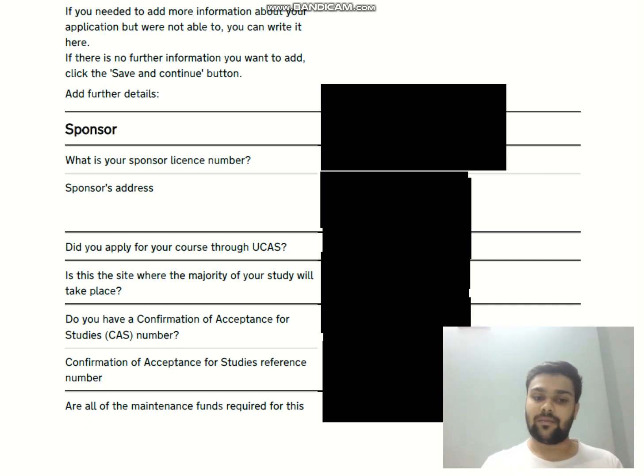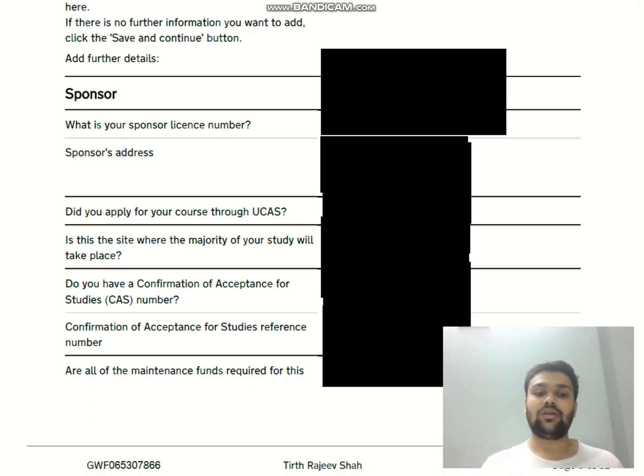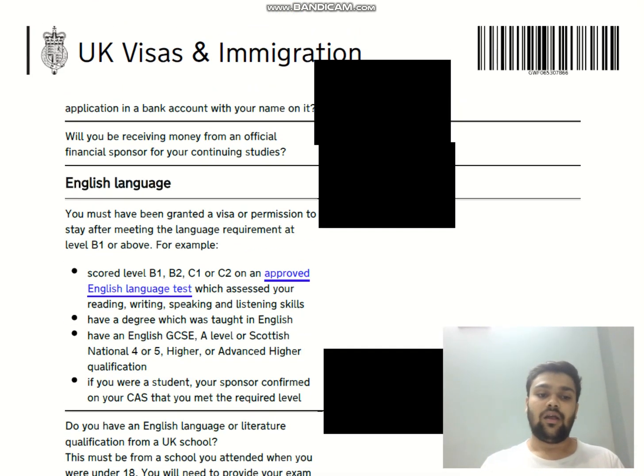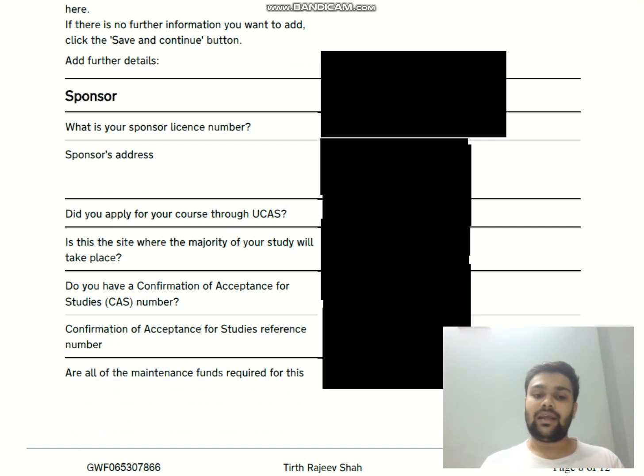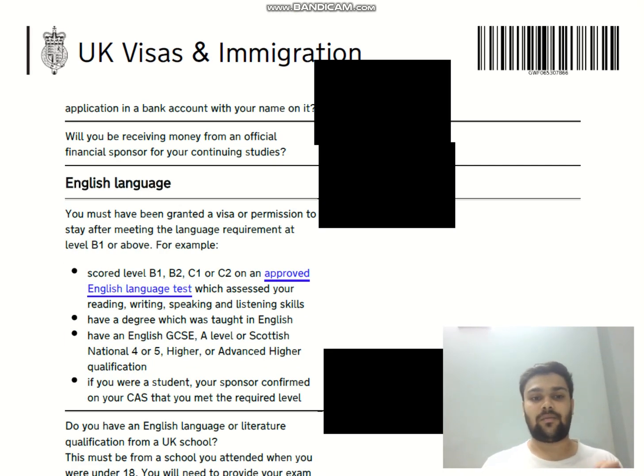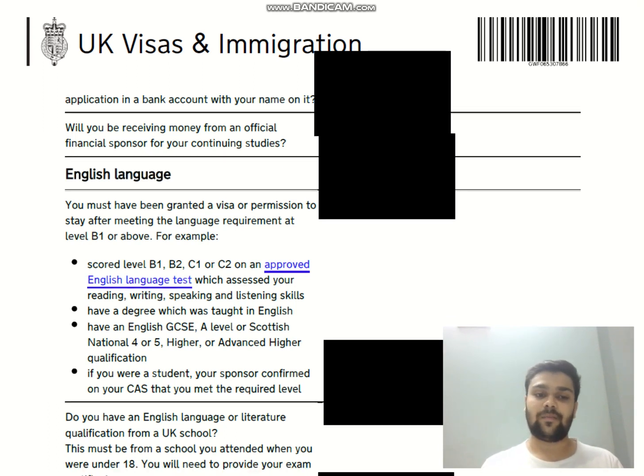Do you have a CAS number? The confirmation of acceptance for studies reference number. Are all the maintenance funds required for this application in a bank account with your name on it? Will you be receiving money from an official financial support sponsor or your continuing studies?